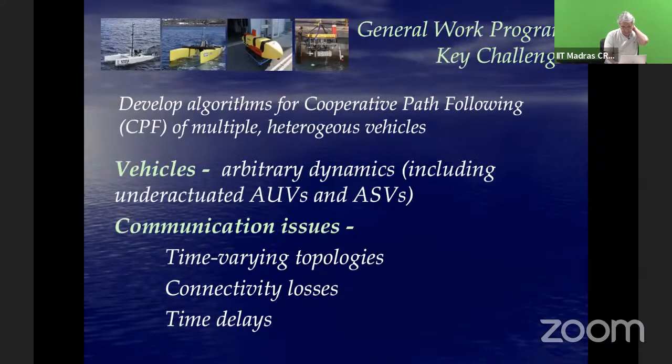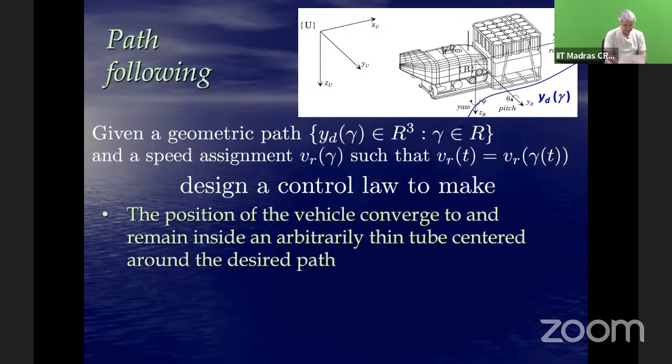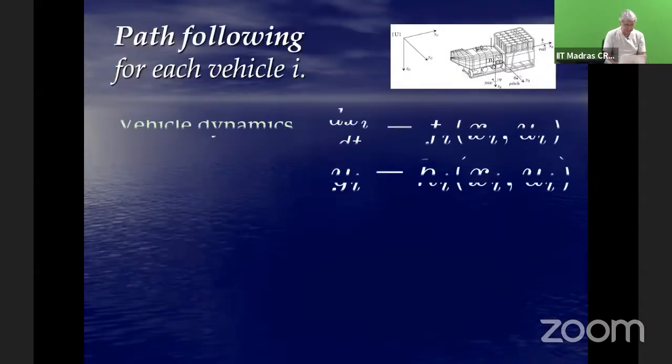So you have to develop algorithms for cooperative path following, arbitrary dynamics, time varying topologies, and so on and so forth. I mentioned this already a little bit: given a geometric path and the speed assignment, design a control law to make the position of the vehicle converge to a neighborhood of the path, with a certain speed assignment.